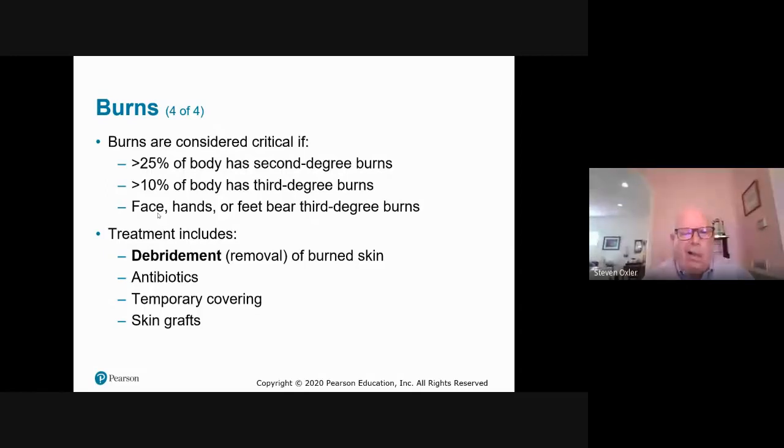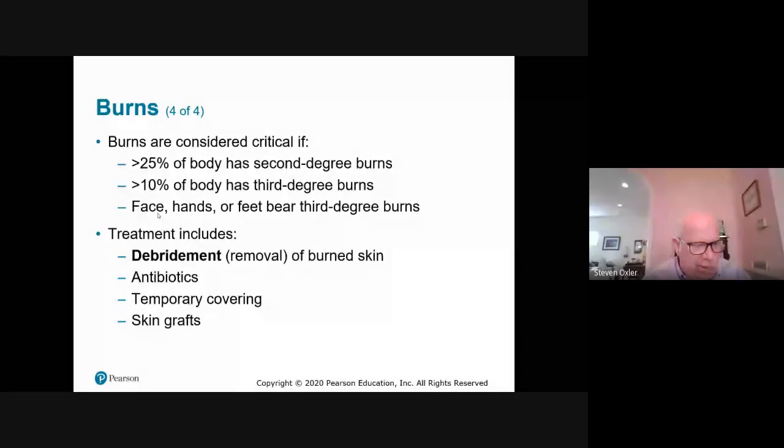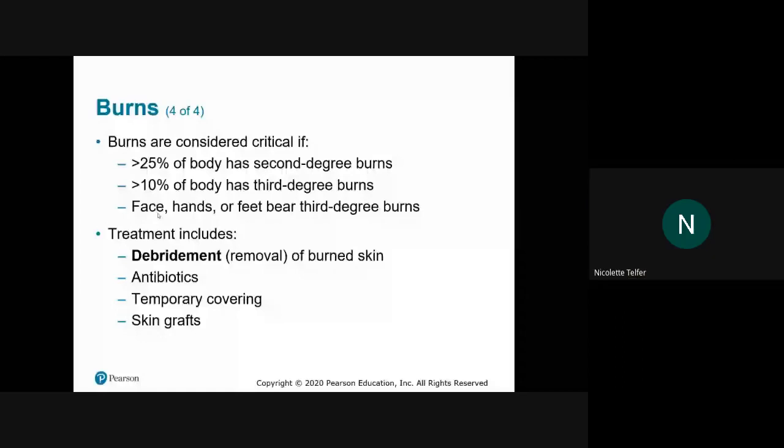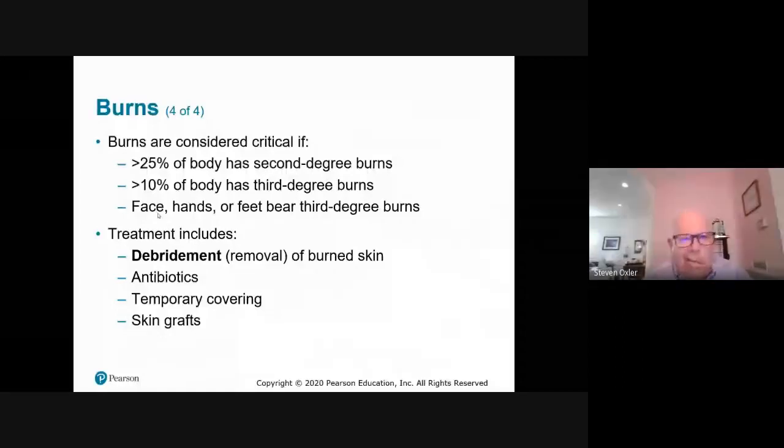Anybody? What if I throw in the word smoke? Now tell me what's wrong with your face. Lack of oxygen? Lack of oxygen and airway problems. If you inhale fire or smoke, you're going to have an airway problem. So the airway is important when you have burns of the face. That's very, very important. Okay?